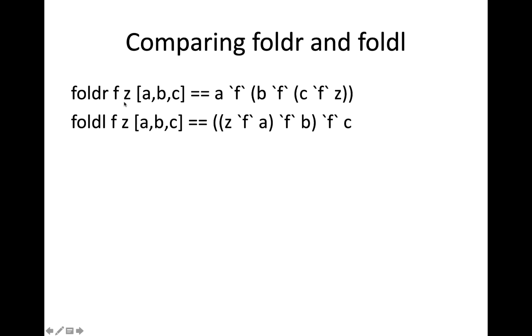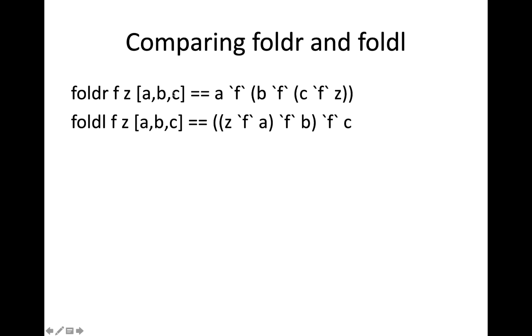And what will fold right do? Fold right will try to fold this list of items using this aggregation function f, starting from this initial value z. So in other words, since it is fold right, we start from the right of the list, the rightmost item c. First we apply this aggregation function f between c and z, the initial value.